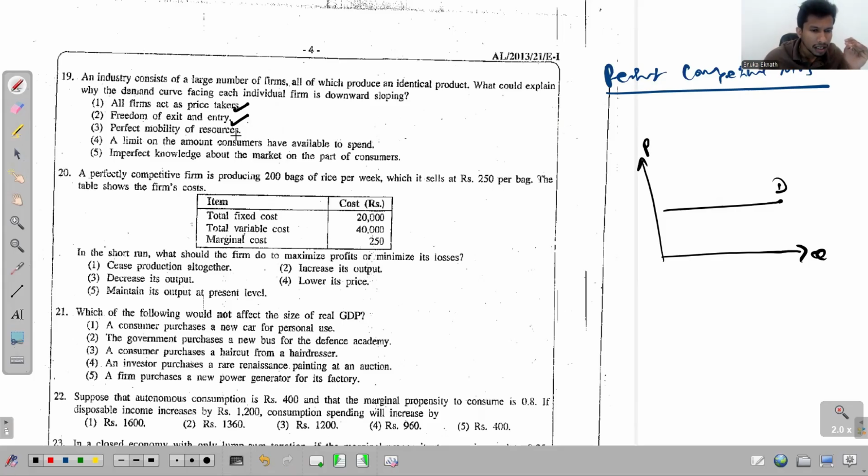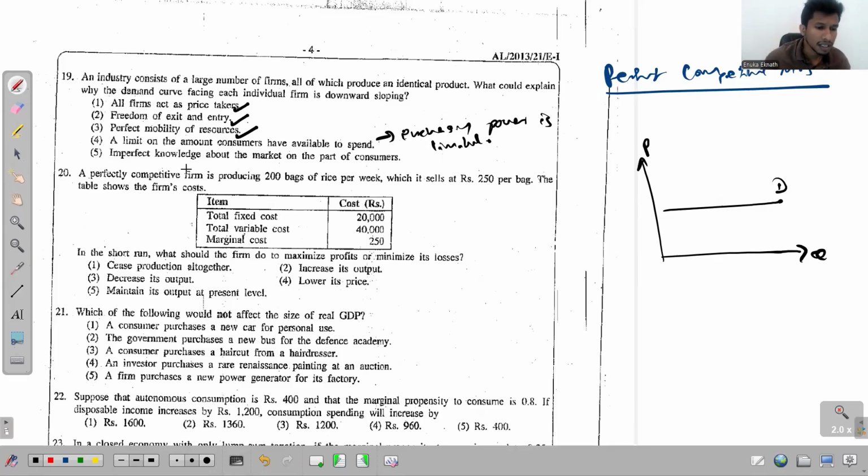Perfect factor mobility of resources is another characteristic of the perfectly competitive market structure. A limit on the amount consumers have available to spend means the purchasing power of the consumers is limited. Okay, we'll keep this for a second.